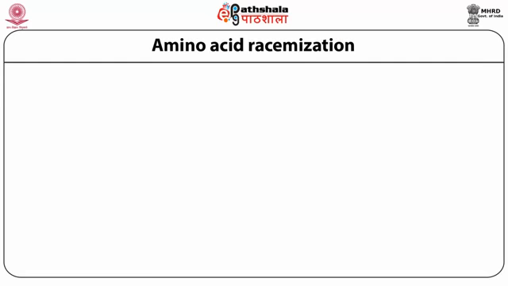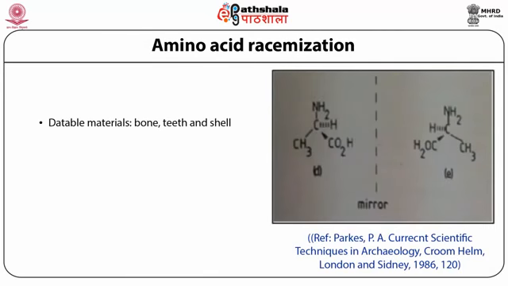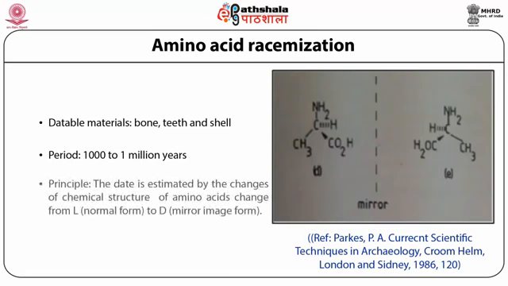Amino acid racemization. This chronometric method of dating is directly used to date fossil remains. Collagen is a kind of protein that remains in the fossilized bone for a longer time period. The amino acids which make up the collagen have two forms, that is L form and D form.